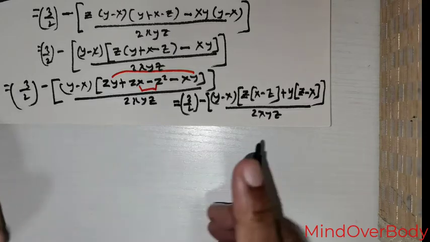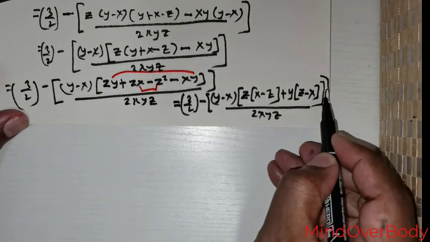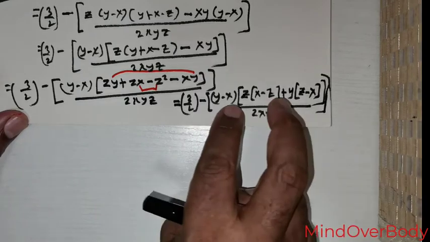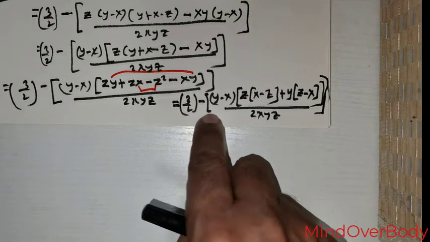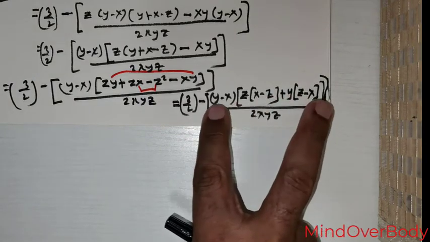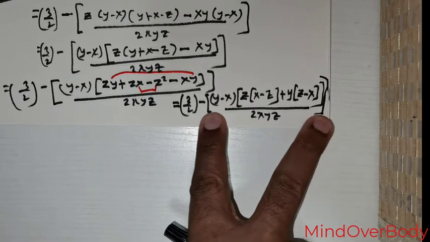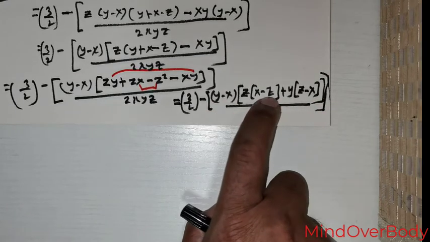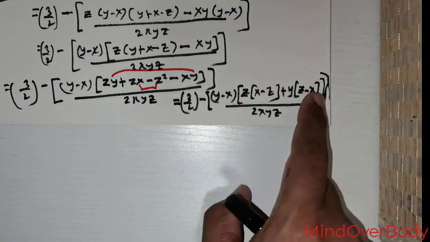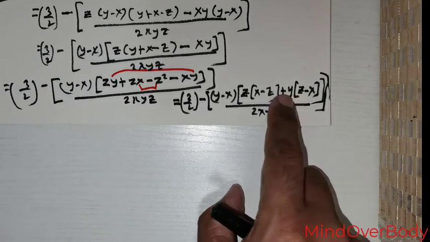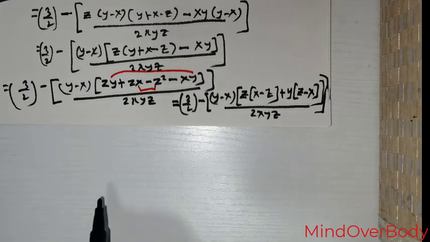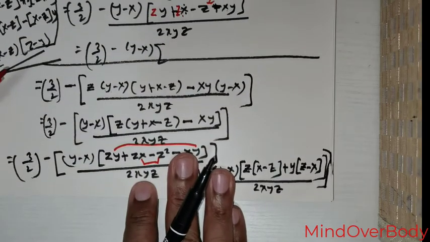Probably I'll place one more parenthesis just to cover this up, because this one is fine, so this one is fine and this has to be there. Now we got x negative z. Now what I wish to do is I would have to flip this and write it as x negative z, so there will be a negative sign here.